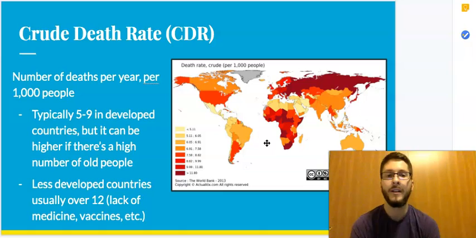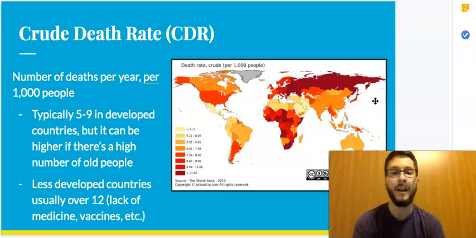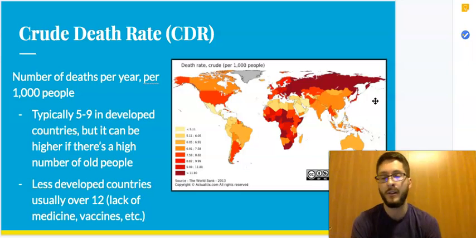If you're looking at a country that is pretty well developed, even the United States or most of Europe and Russia, or Japan especially, the death rate there is super high, not because of lack of medicine, but because there are so many old people.